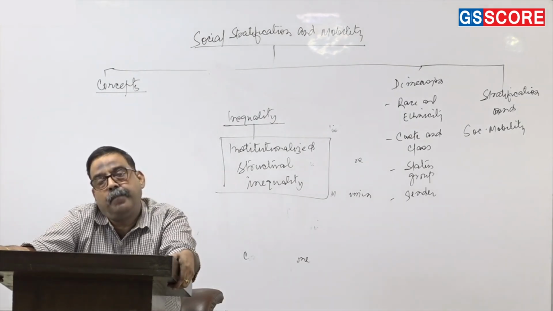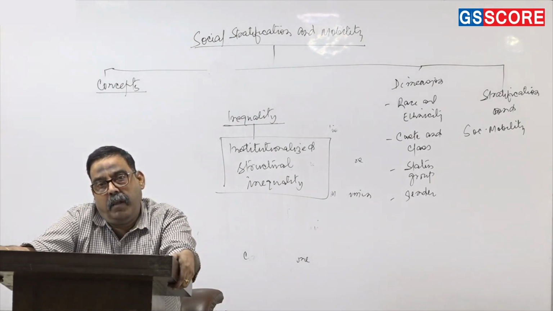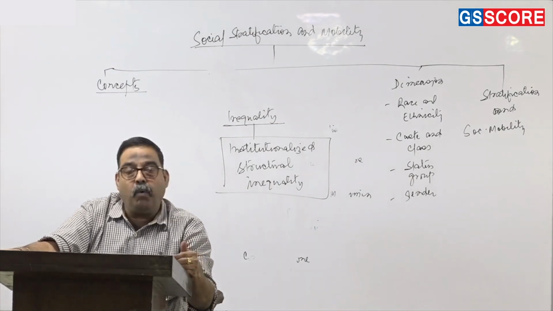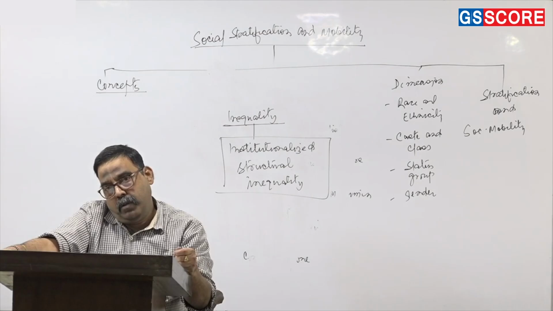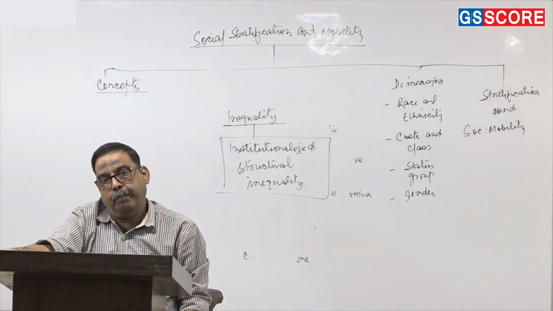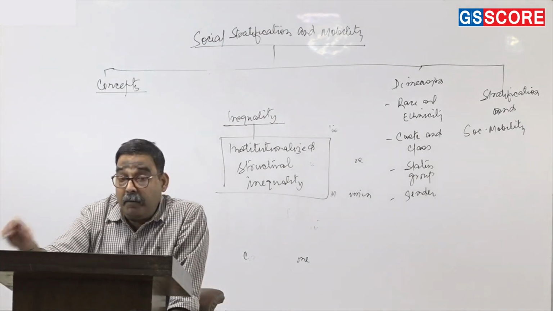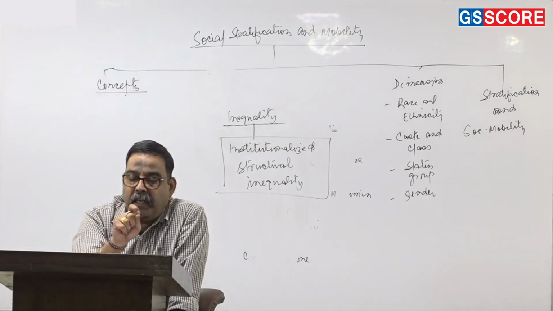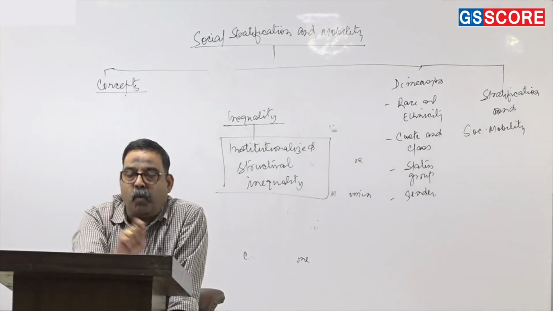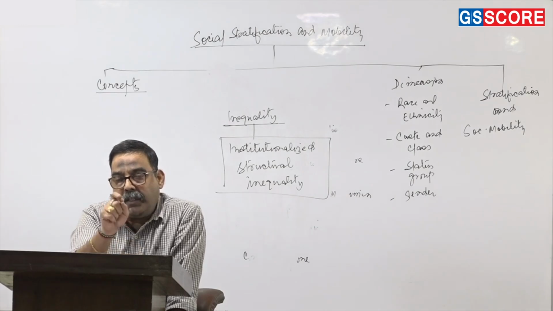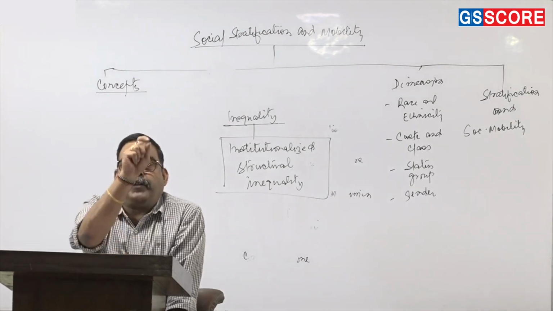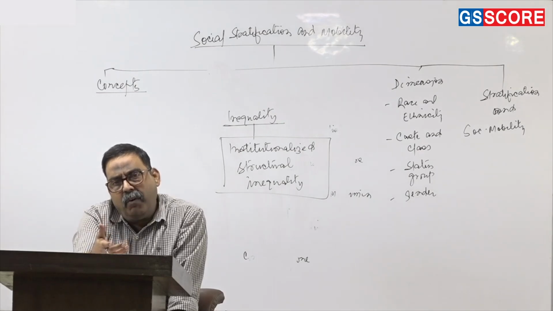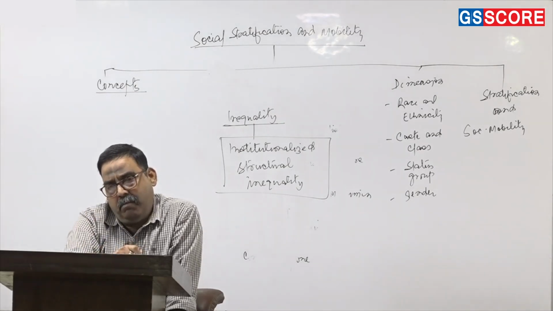Functionalism is basically looking at how something is serving a purpose. Mind my line here: if social stratification is an institutionalized structural inequality, then this inequality must be functional for the society.